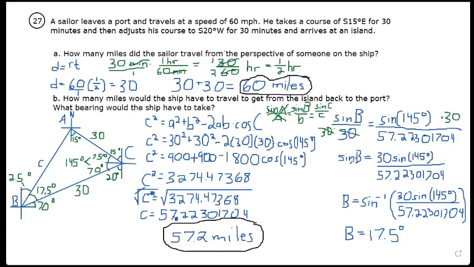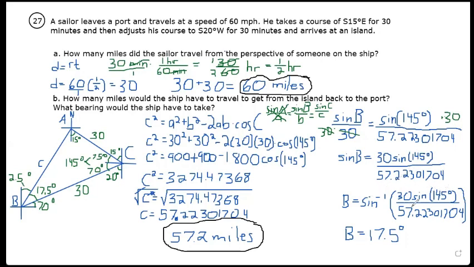Now, if we want to get B by itself, we just need to consider that we're taking the sine of B here, so we can't divide both sides by sine, because it's actually a trig function. So if we want to get B by itself, we're going to have to use the inverse sine, which is the inverse trig function of sine. So to set that up, we'll put the angle on one side, and then set it equal to inverse sine of whatever was on the other side.